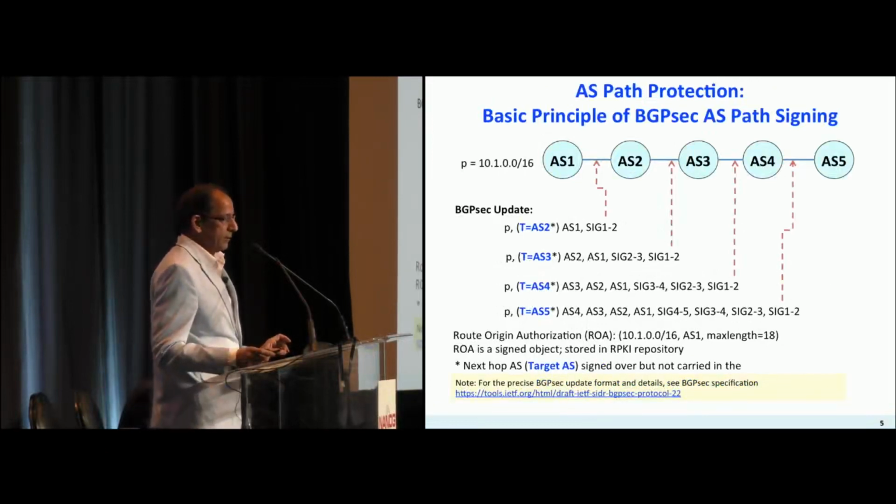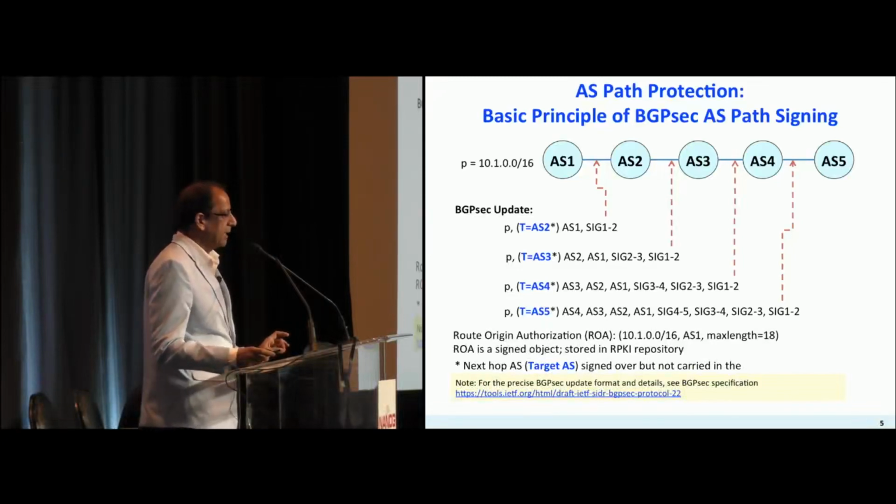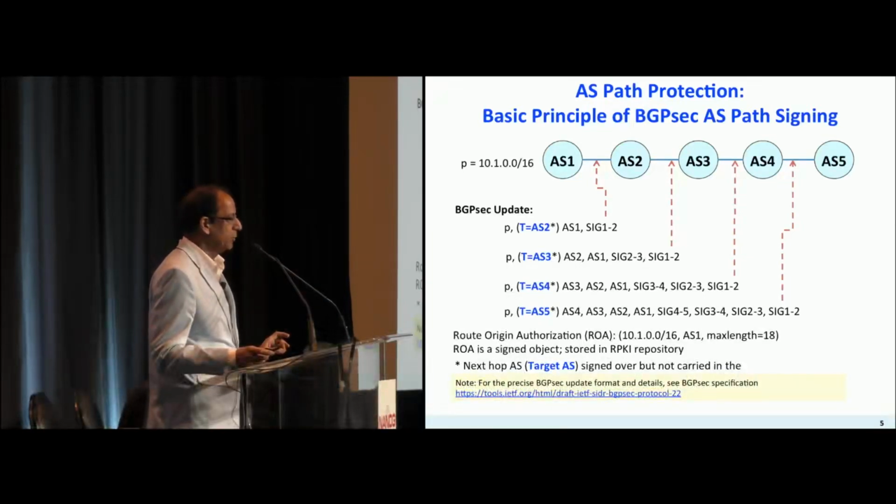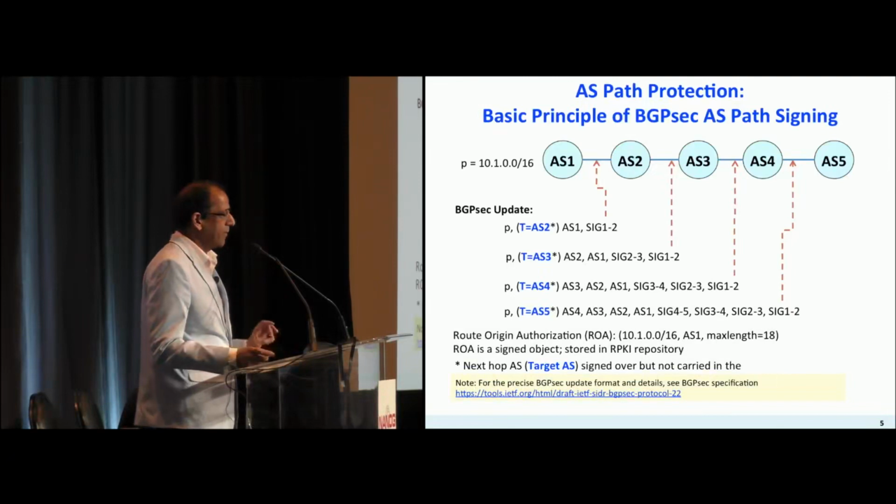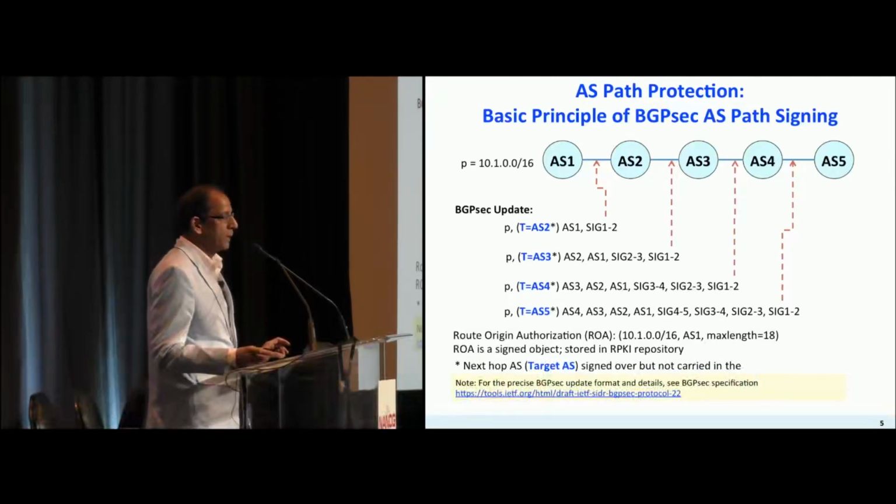So this shows us the basic principles of BGPsec path signing. As the update propagates from the left to the right through multiple ASs, each AS signs the update to the subsequent AS, and the signature covers the prefix and the AS path, as well as any previous signatures in the update, if there are any.